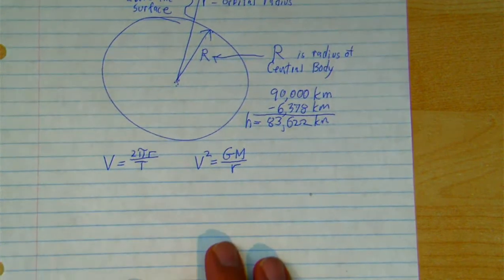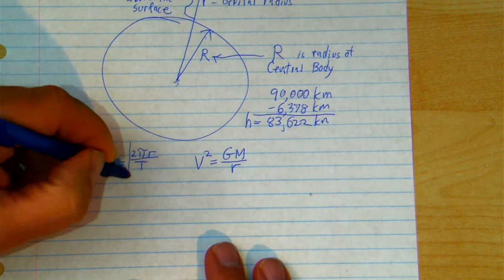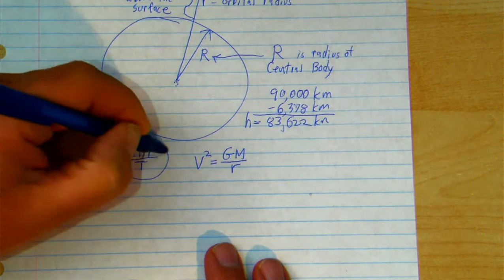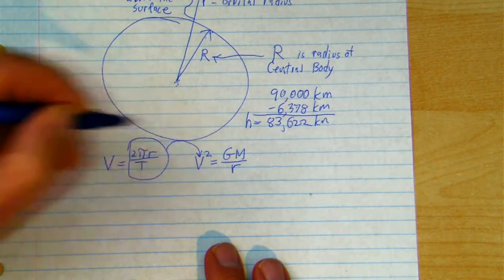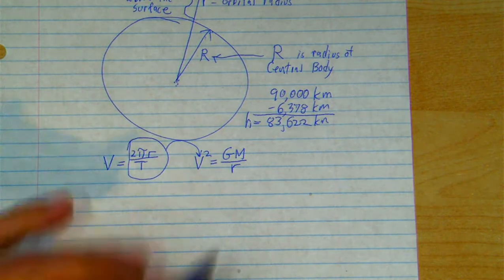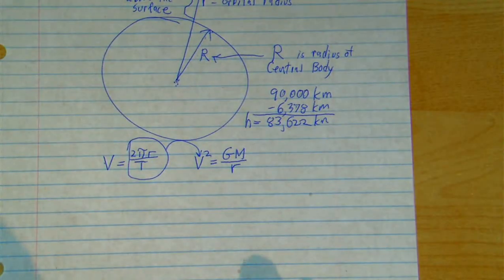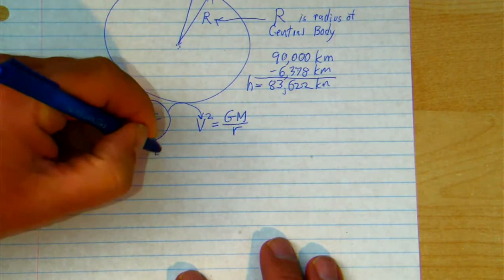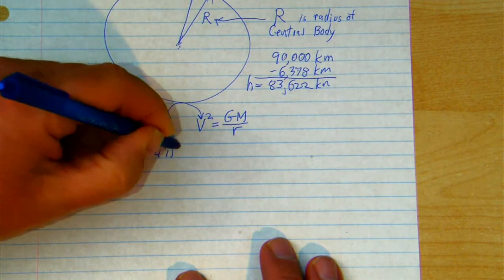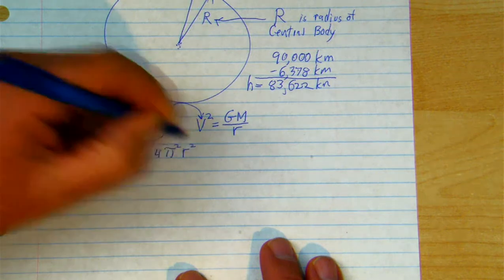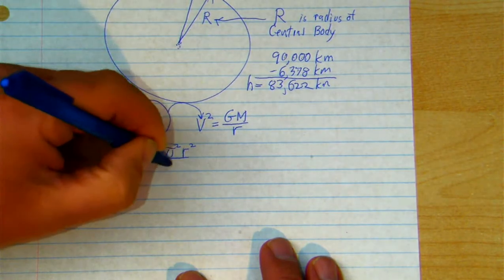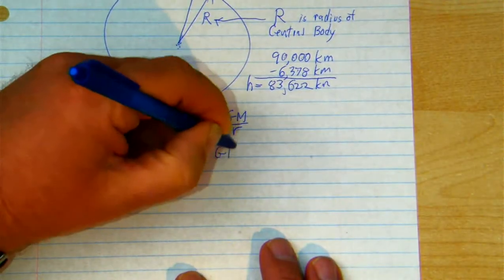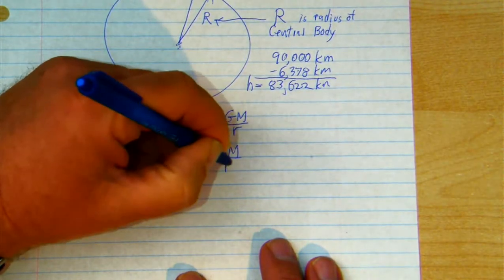So now, for my next magic trick, I'm going to take this expression for orbital speed and substitute it in that formula. Well, that means I'm going to have to square everything here. So 4 pi squared r squared divided by t squared is equal to g times m divided by r.